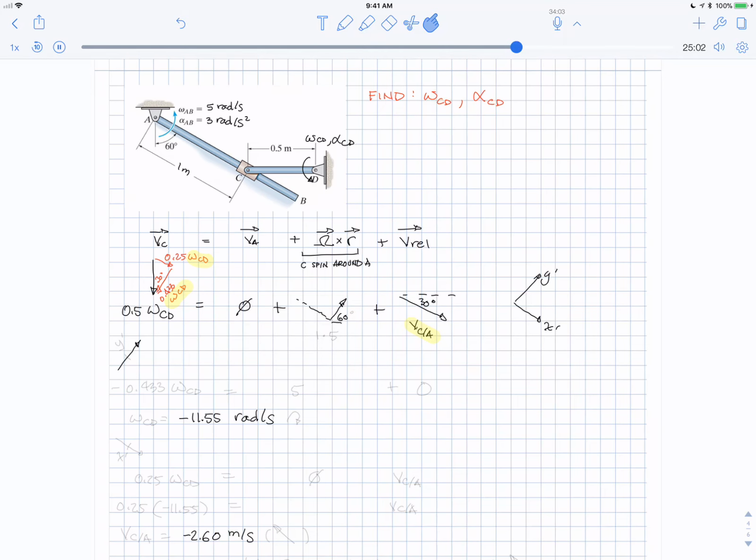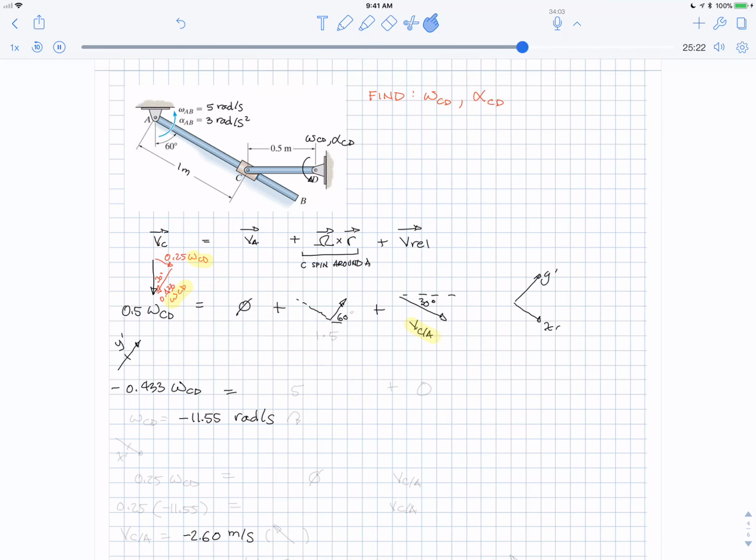It doesn't matter if you did x first, but I'm being lazy so I can get an answer right away. I'm going to take up and to the right as positive, so 0.433 omega CD is going down and to the left, so that's negative.